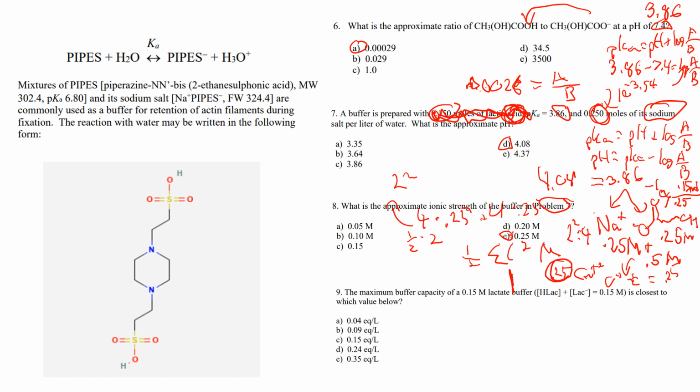This last problem isn't too bad. It's just the buffer capacity equation. Words are difficult. And this is a pretty simple equation. It is literally just 0.576 times your concentration. So 0.576 times concentration of 0.15 molar.